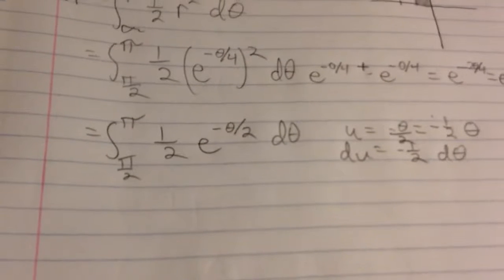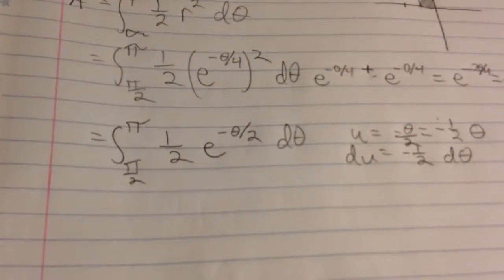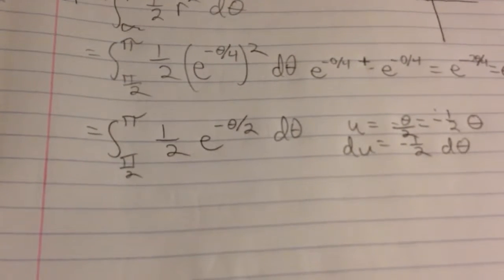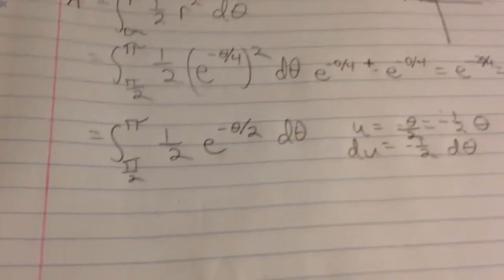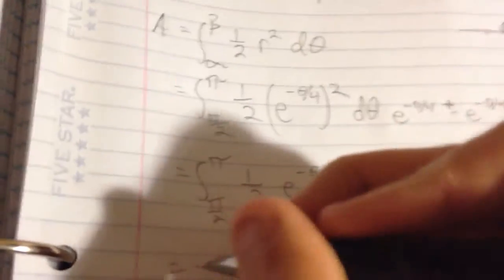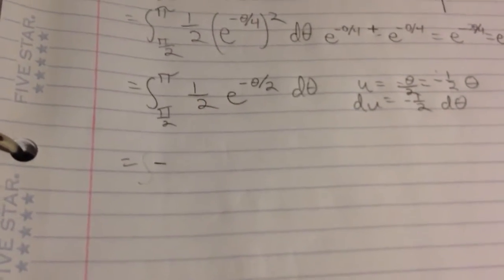So we're going to take a look at the integral the way we have it now. We have a 1/2, but it's positive. So all you're going to do is rewrite this. Not going to need that integral sign anymore. The 1/2 is part of the du, so that's going to go away.